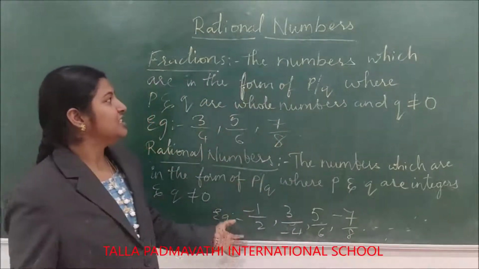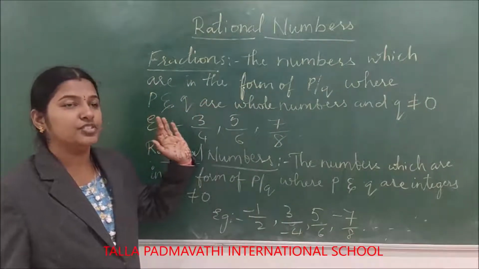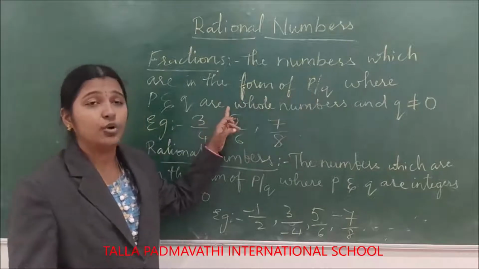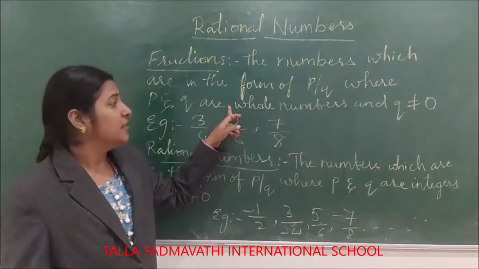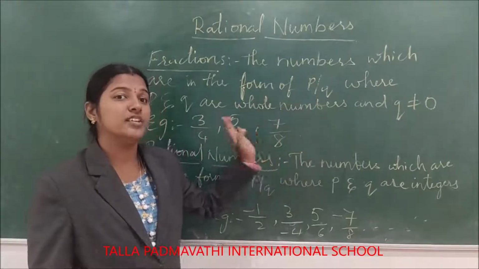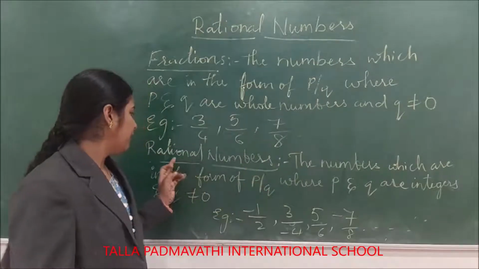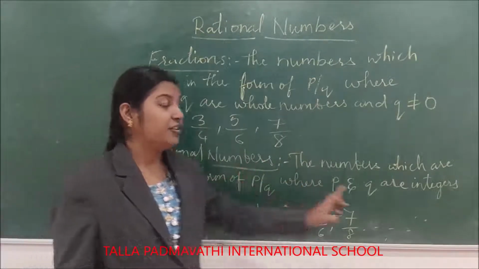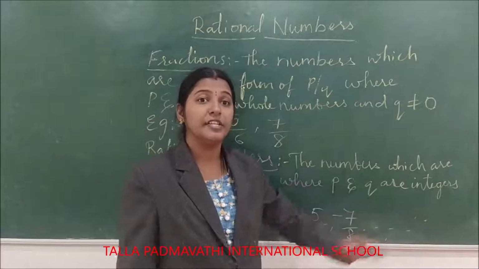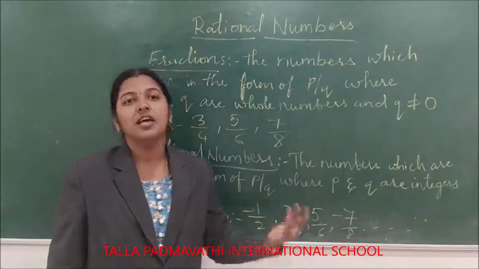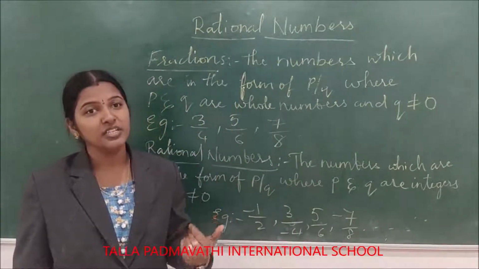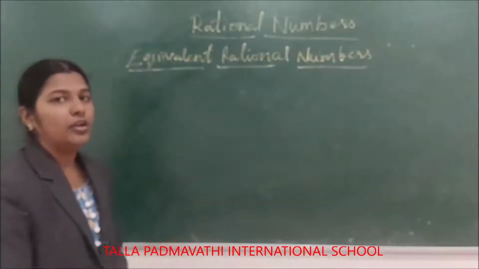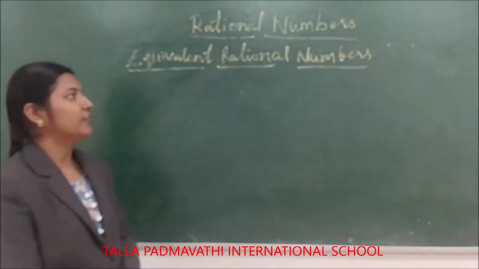So the difference is in the fractions we are going to take P and Q as only whole numbers, where the positive numbers and 0 is involved. But whereas in the rational numbers we are taking integers, means you will be having positive numbers, negative numbers along with a 0.